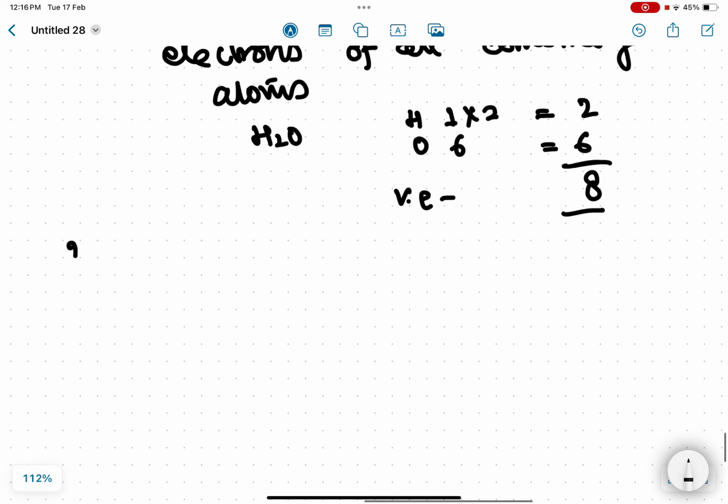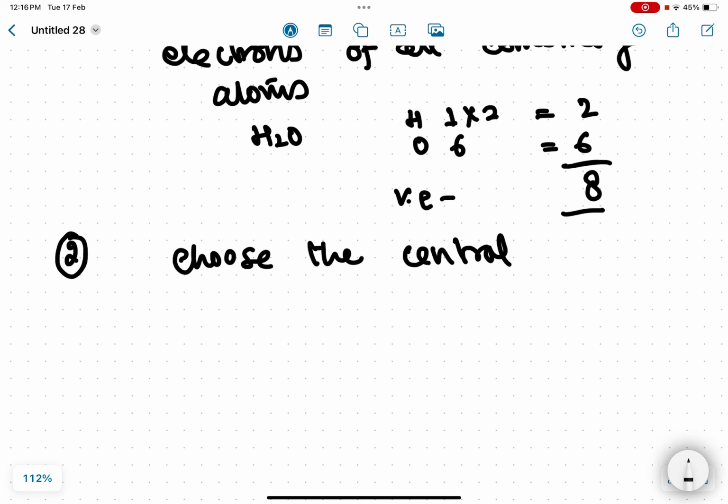Now the next step would be to choose the central atom. There are some generic rules available.